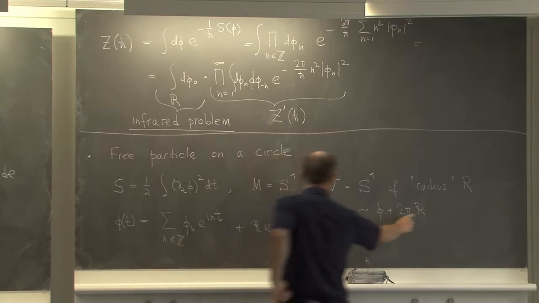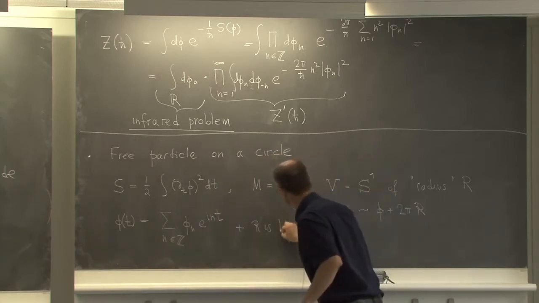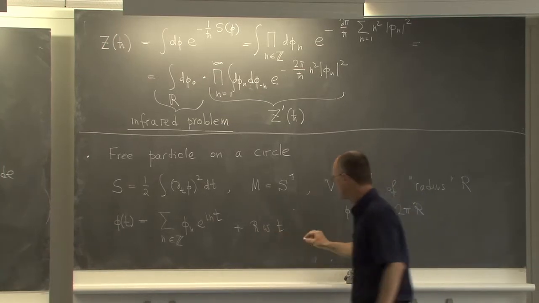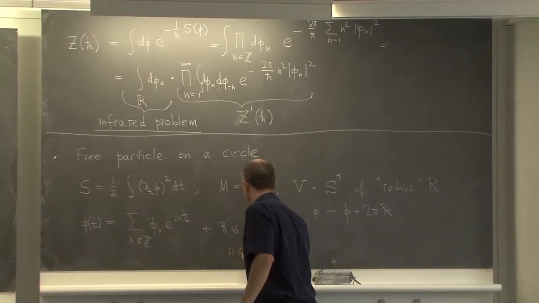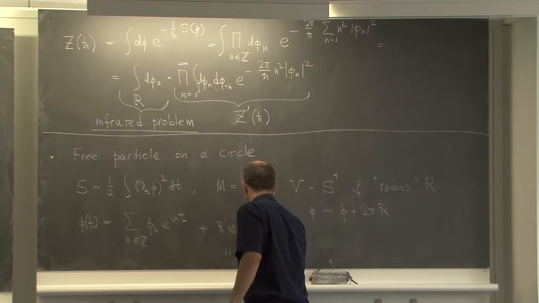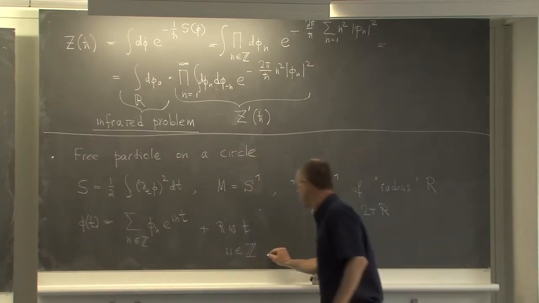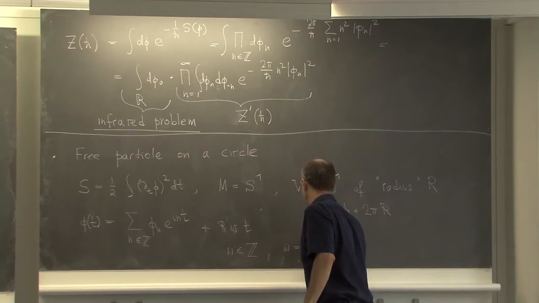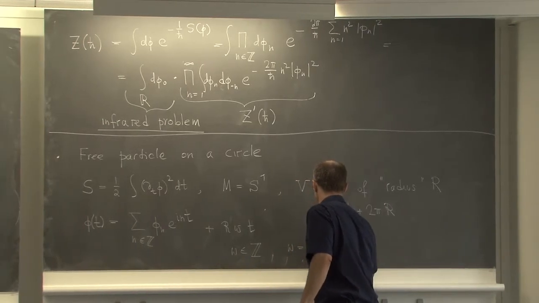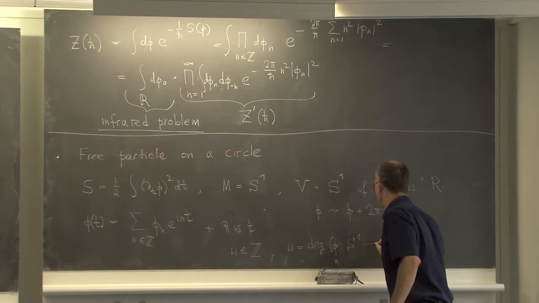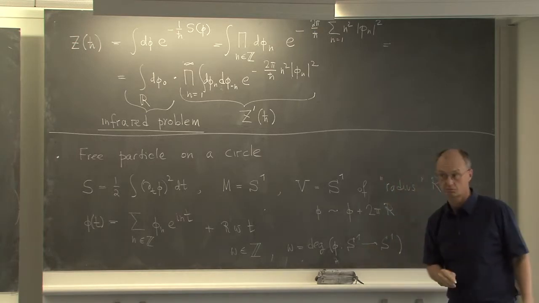X. So R is this R, or sorry, T. Instead of X, I should put the variable T. So there will be a linear term, and W is in Z. In fact, it's easy to see that W is the degree of phi viewed as a map from S1 to S1.